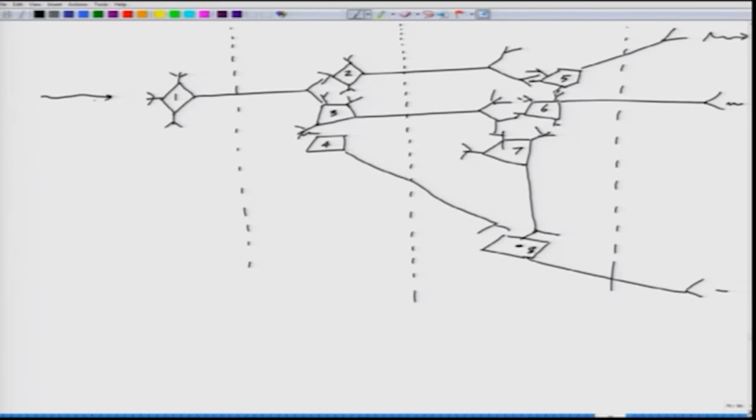Now in this situation, say for example, this one shoots an action potential and this is excitatory. Then this excitatory neurotransmitter will provoke another action potential to shoot out here. Another action potential shoots out here, it is excitatory. Another action potential is shot here.